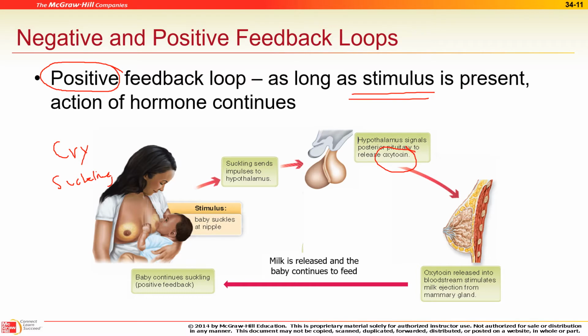Same hormone that causes uterine contraction and also a bonding hormone. Its release causes milk to be released, and milk will continue to release as long as they're suckling. So it doesn't end. It doesn't turn itself off as long as there's stimuli.